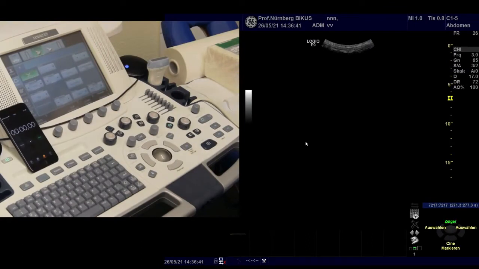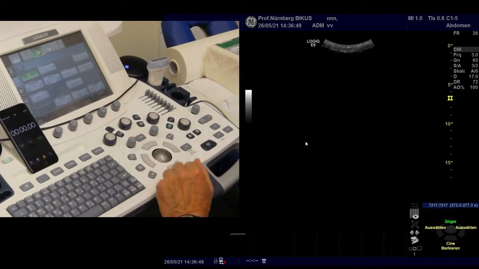Welcome to our introduction to handling of the ultrasound machine and also an introduction to the examination of the abdomen. We would like to start with the knobology.